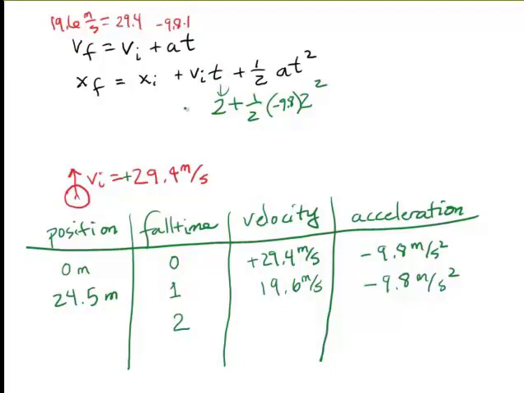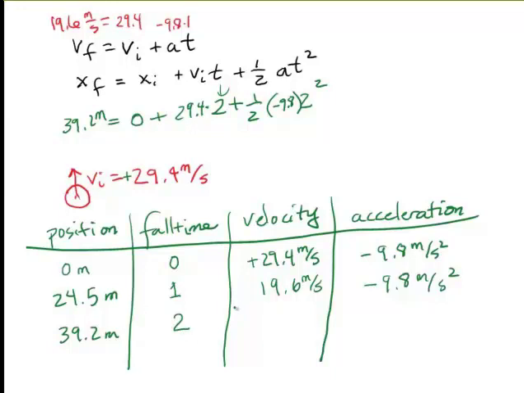And VI, we remember, was 29.4. Okay. And then plus XO, and that's 0. And that gives us our final XF here of, it should be 39.2 meters. So 39.2 meters.